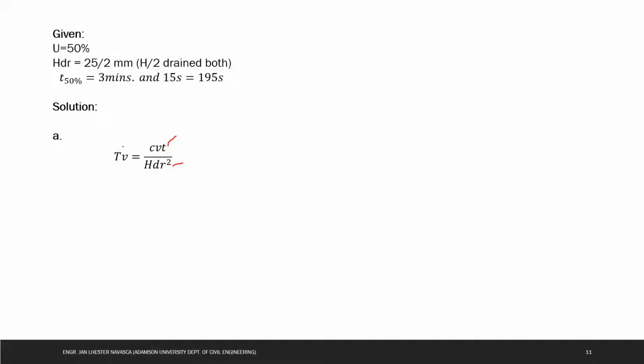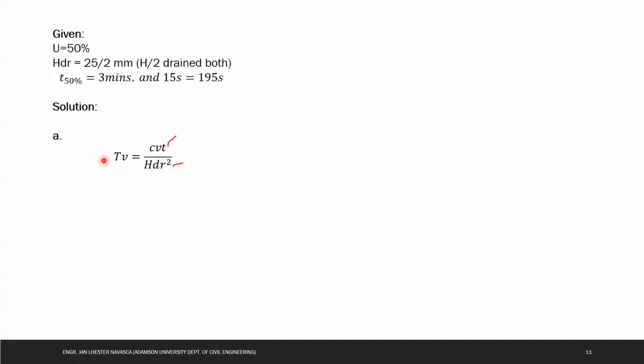If you recall during the discussion, T_v, or the time factor, simply depends on the degree of consolidation. So you have two equations, one for a degree of consolidation under 60% and one for greater than 60%, or you can also use the table.